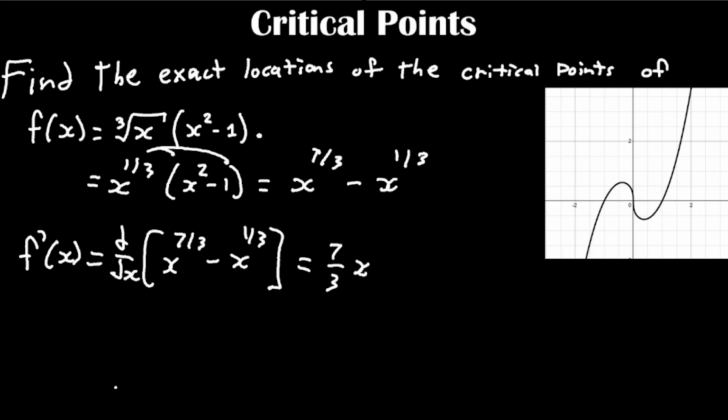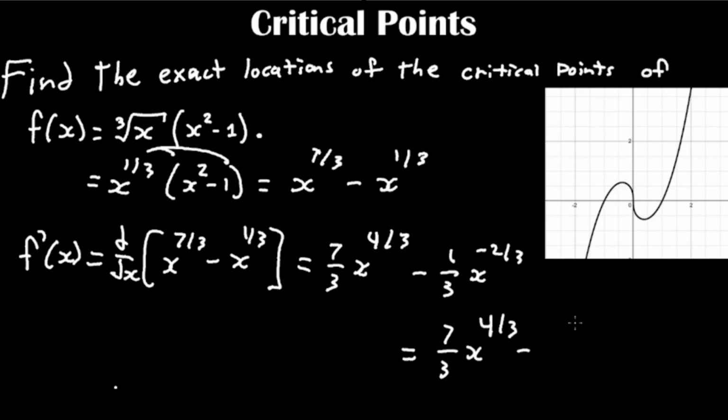So 7/3 minus 1 is just 4/3. Minus, for the x to the 1/3, we just bring that 1/3 down. Now we subtract 1 from 1/3, so that's just negative 2/3. So this is 7/3 x to the 4/3 minus 1 over, because we have this negative in the exponent, 3x to the 2/3.